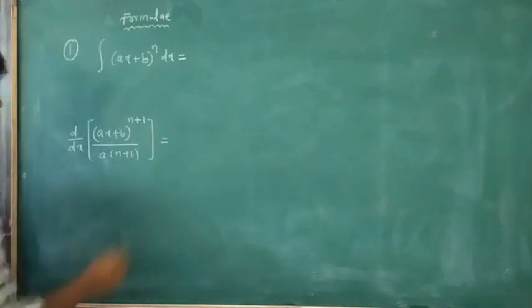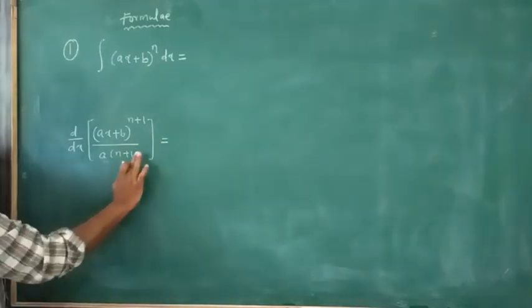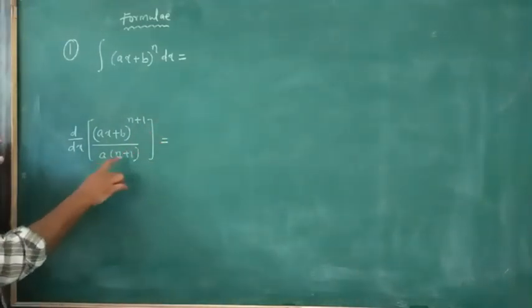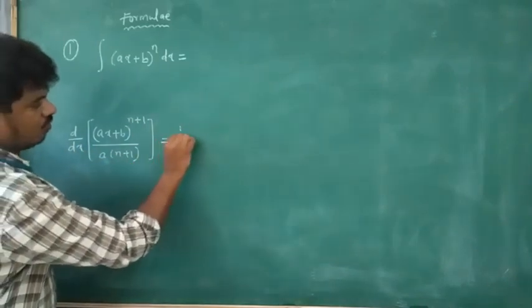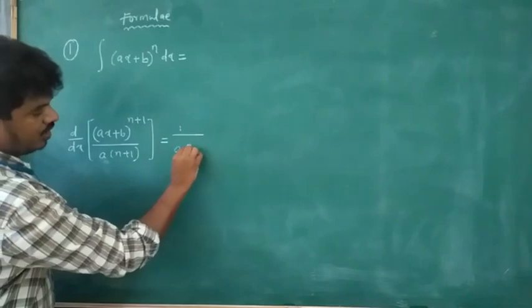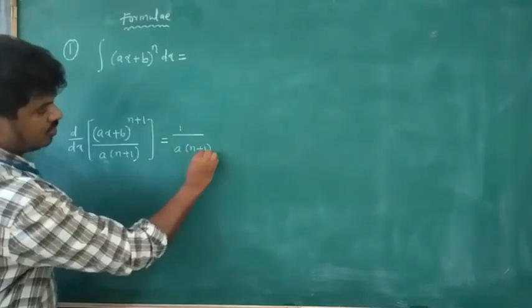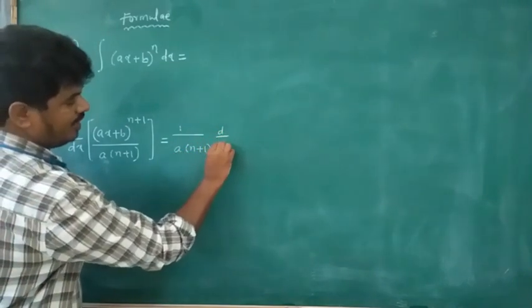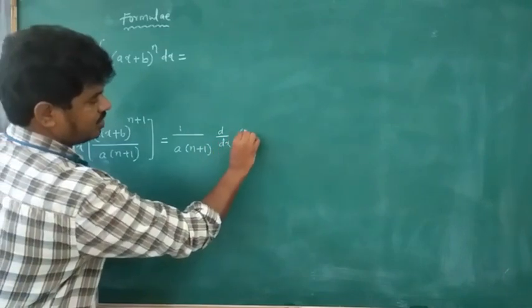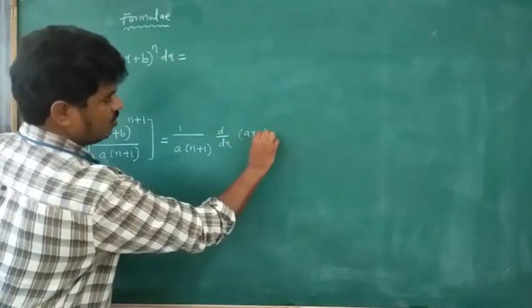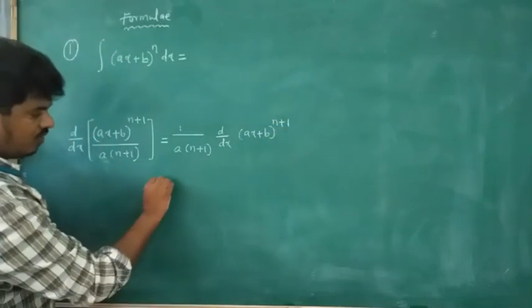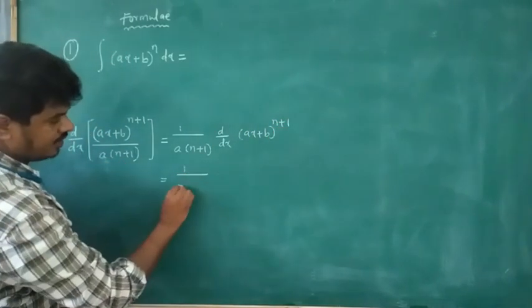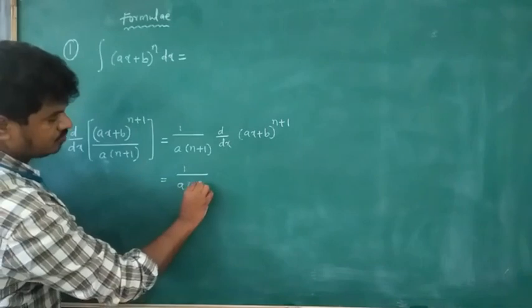This is equal to, what comes in the denominator? We have a into n plus 1. We can take it outside. So that is 1 by a into n plus 1 into d by dx of ax plus b whole to the power of n plus 1.